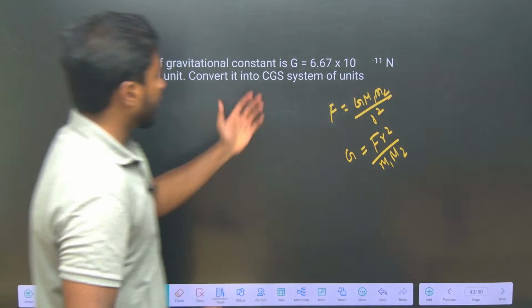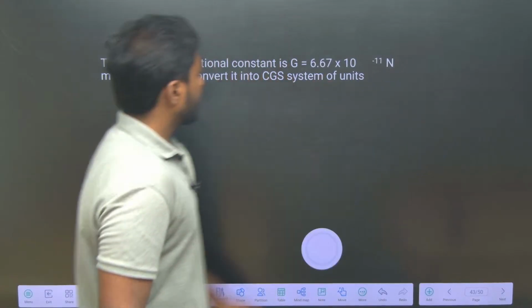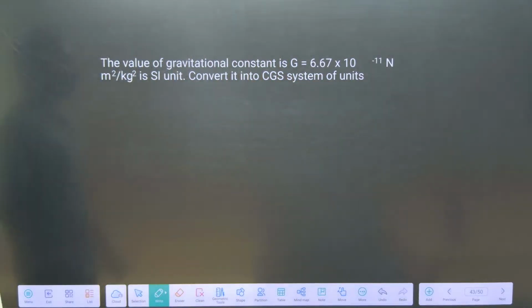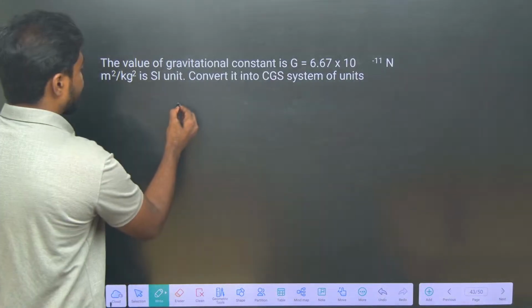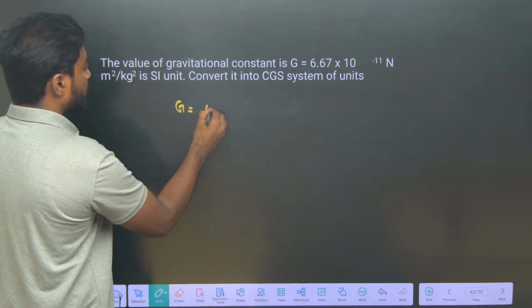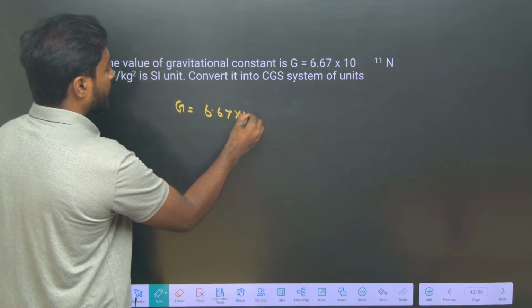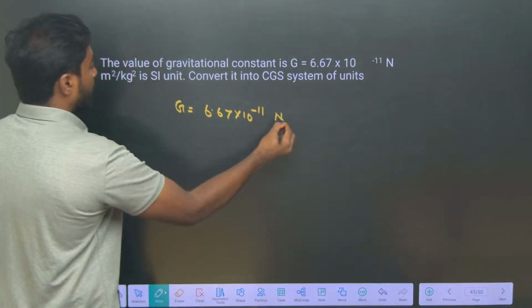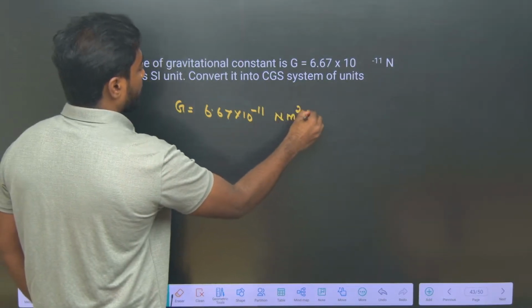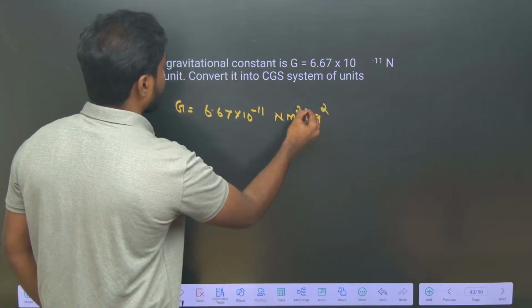Can we convert now? Easy, no? Let me do it now. So G equals 6.67 into 10 power minus 11 Newton meter square per kg square.